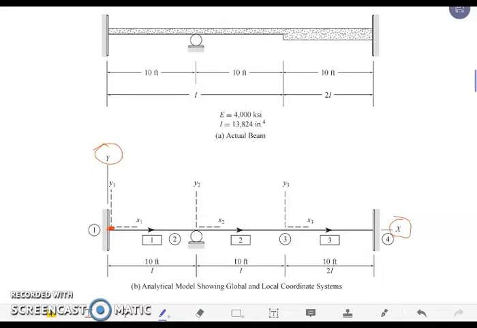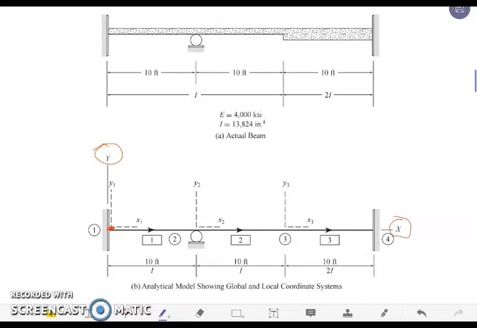For member 1, this will be our x of 1 and y of 1, where the subscript 1 represents member 1. Then for member 2 we have x of 2 and y of 2, and for member 3 we have x of 3 and y of 3. So now we have identified our global coordinate system and member coordinate system.